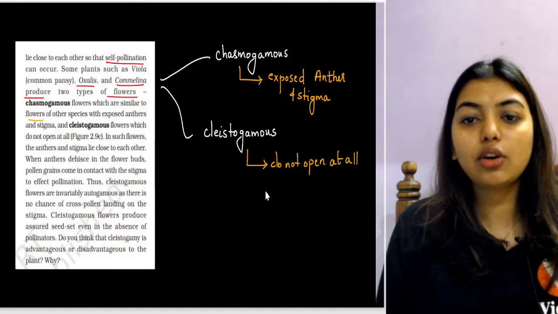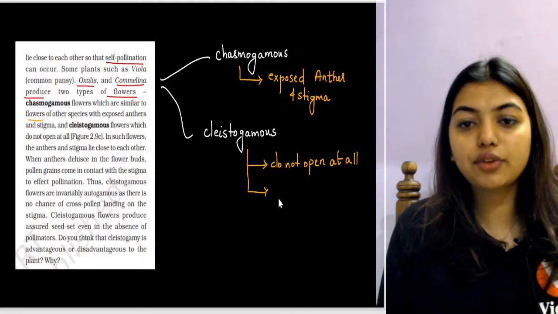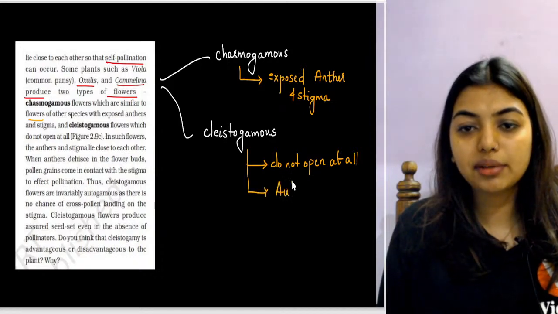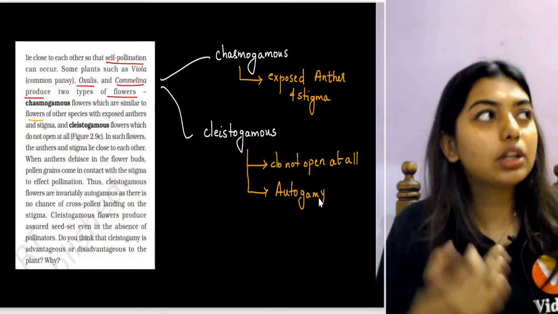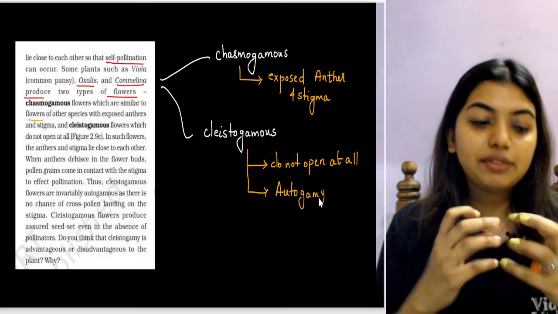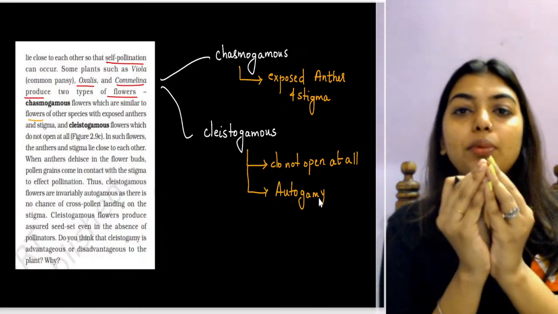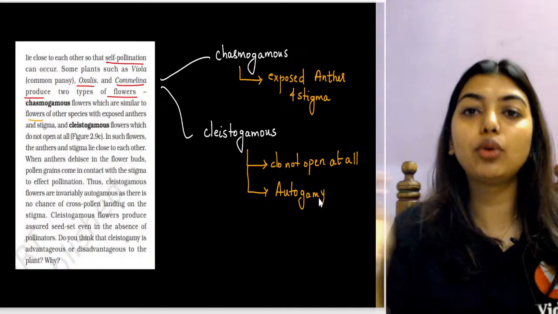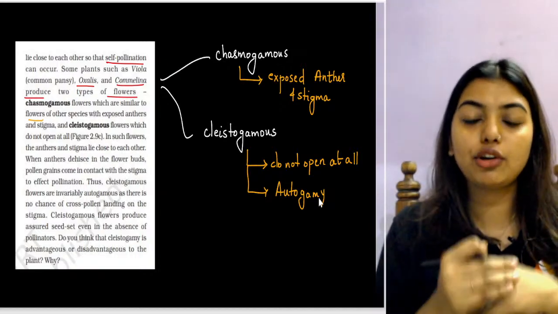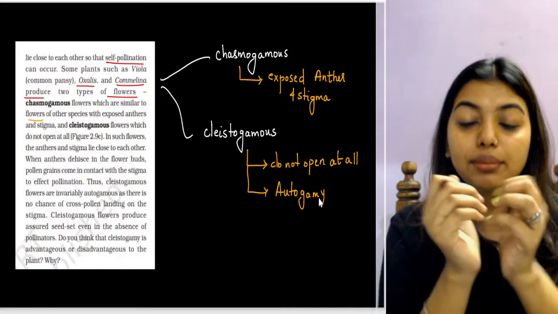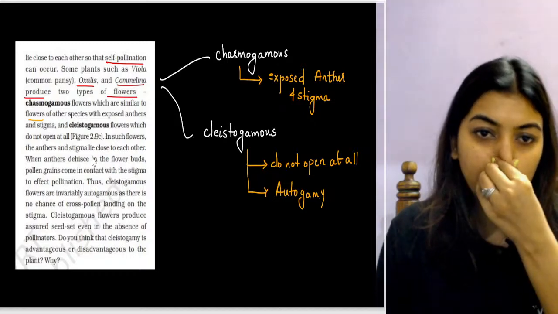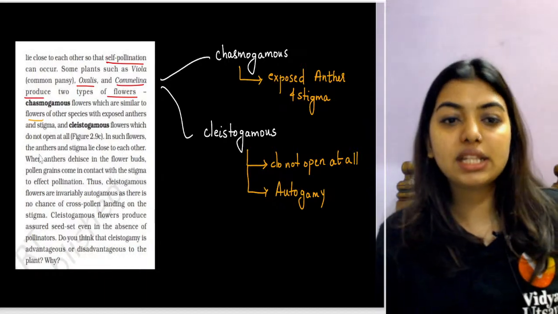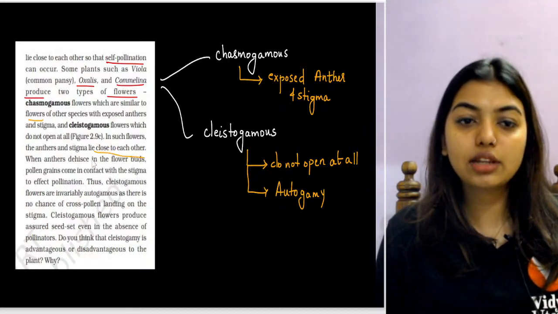Since they are not opening at all, what is the chance for them to survive? Autogamy. Their only way to survive is going to be autogamy, because they do not open. They cannot depend on another flower, because even if they open, they open very little, which will not allow another pollen to come and fall. In such flowers the anther and stigma lie close to each other.